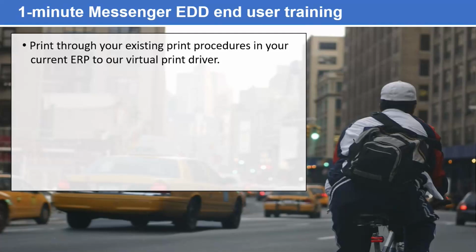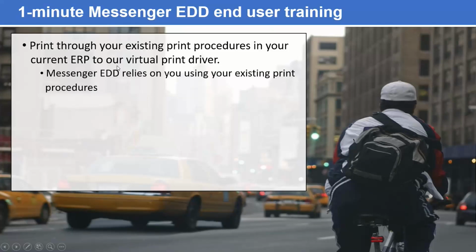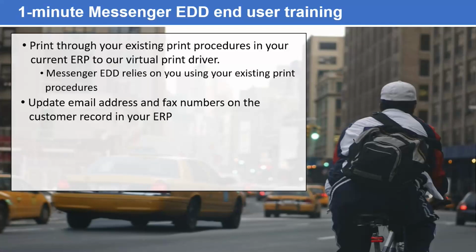One is that they print through their existing print procedure. So that's in GP or whatever ERP package Messenger is being used with. Messenger relies upon the existing print procedure in that ERP package. The other responsibility the end user has is they update email addresses on the customer record in GP.